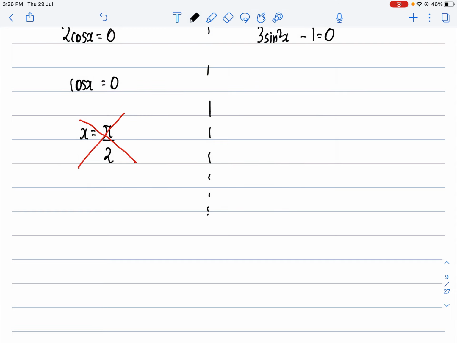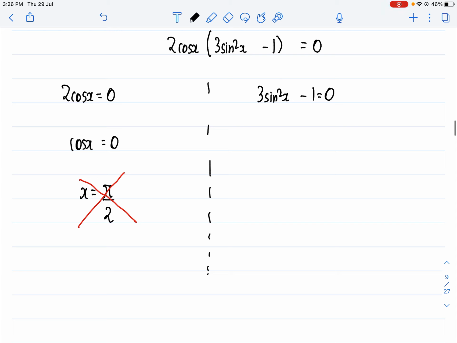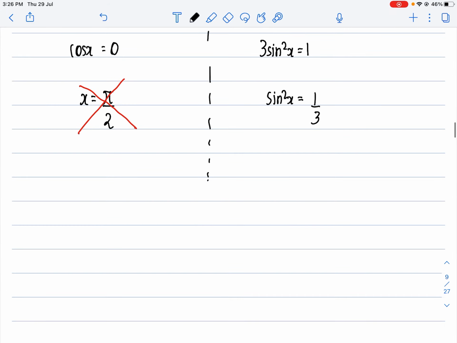So now I have the second possibility. I can write this as 3 sine square x equals to 1. Then sine square x equals to 1 over 3. Correct? Now here I'll have sine x equals to the root of 1 over 3. Whenever there's a root, there's a plus or minus.